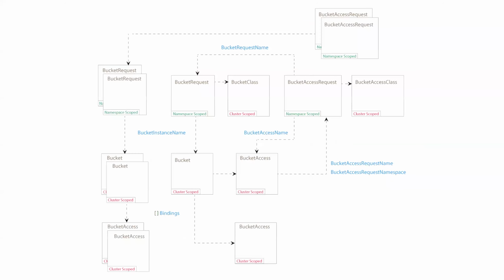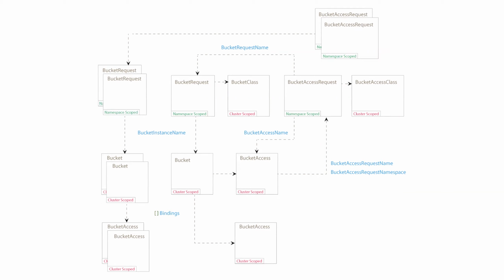Finally, what we agreed on was this approach where a bucket request would point to just one bucket, and the reference to a bucket will always be a single reference. So a bucket request to bucket is always a one-to-one relationship, which is much easier to manage.